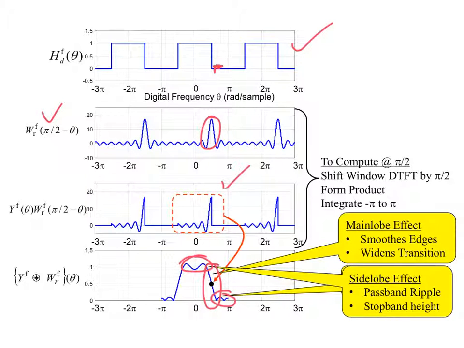Okay, so what we were seeing is that as we increased the length of the FIR filter, the worst case ripple in the pass band and the worst case stop band height didn't get better, but the transition band did get better. So here's our approach.